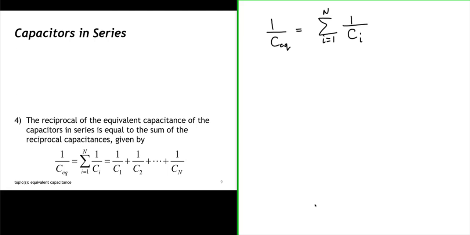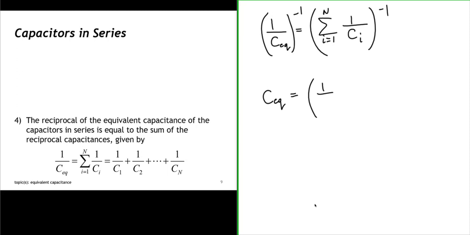So if we want to know the actual equivalent capacitance, we just take the reciprocal of this. This allows us to write that the equivalent capacitance of a combination of n capacitors in series is equal to the reciprocal of the sum of the reciprocal capacitances of each of our capacitors in series.